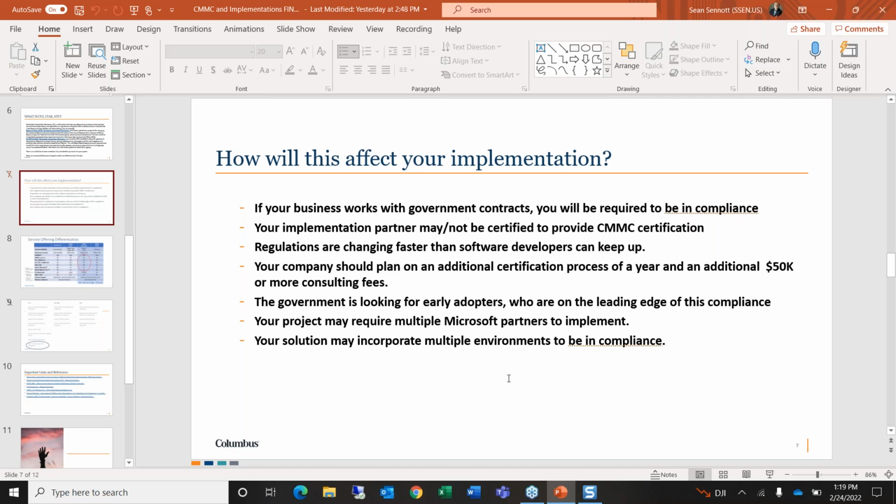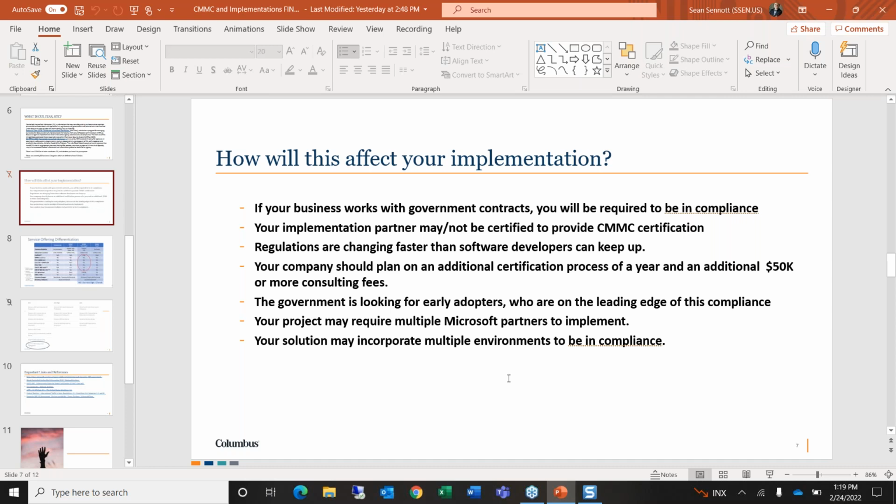There isn't anyone who knows more about this than anyone else right now, because there are very few people who are truly on the ground floor. If they are part of the CMMC advisory board, then they're the ones making those decisions, but most partners don't have good visibility to this.